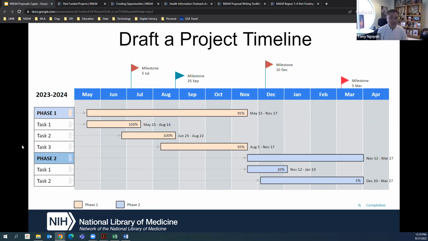But regarding drafting a project timeline, the one thing that I strongly encourage you to do is start working at the end and then work your way back. This will help you in thinking more fully of all the activities and all the tasks at hand that would be done up to the point of the period where you're actually analyzing or reviewing any evaluation that you've collected to help with talking about the success of the project or any lessons learned following the end of the project as well.